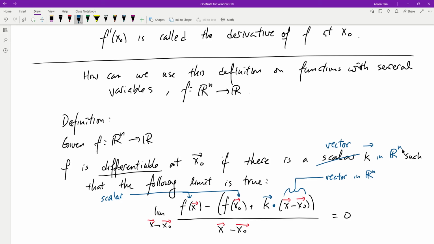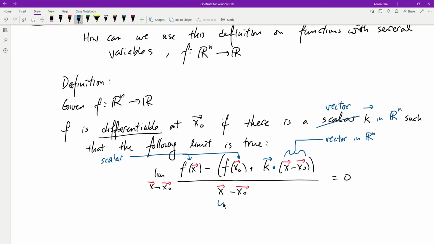That's almost good, but not good enough yet. The reason why it's not good enough is that if I look at the bottom right here, this is also a vector in Rn. And we actually don't know an operation that will allow us to divide a vector.